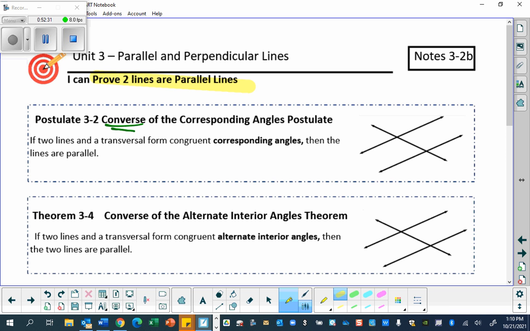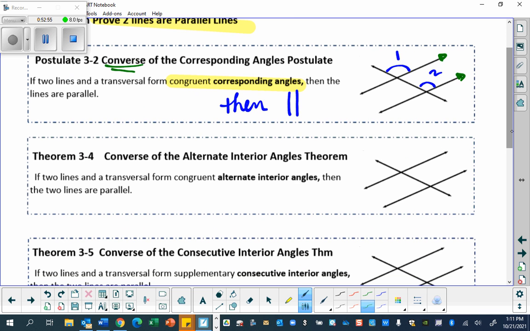Now in this lesson, we're going to say, if I have congruent corresponding angles, then my lines are parallel. So first I need the congruent corresponding angles, and if that's true, only then can we talk about my lines being parallel. When we talk about my alternate interior angles, it's going to be if my alternate interior angles are congruent, then my lines are parallel.